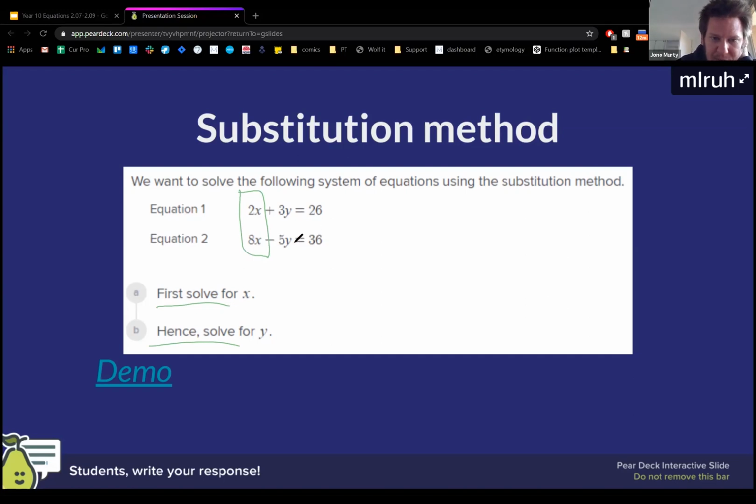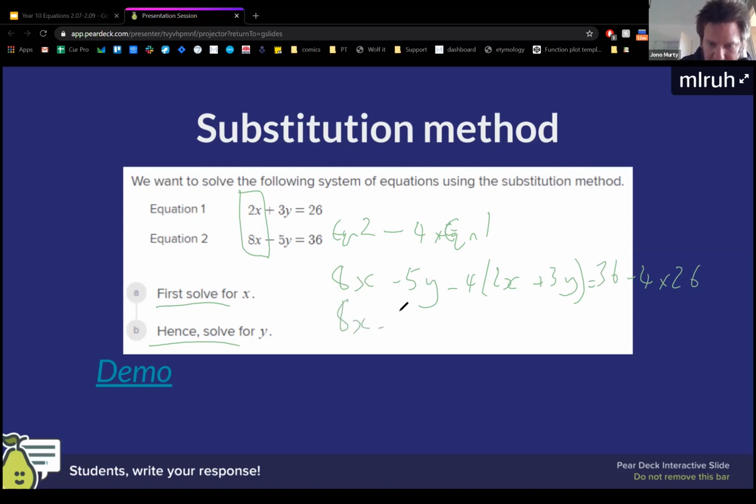So if I did equation 2 minus 4 times equation 1, I would have 8x minus 5y minus 4 times 2x plus 3y must equal 36 minus 4 times 26.